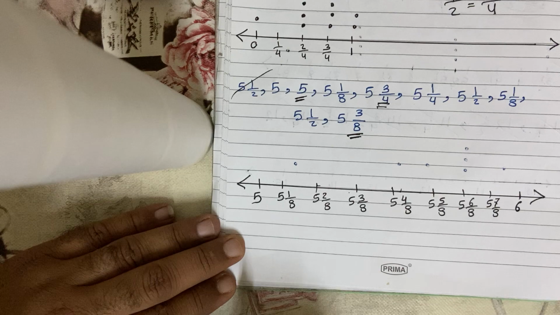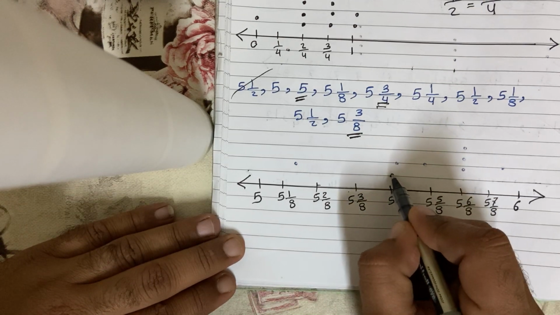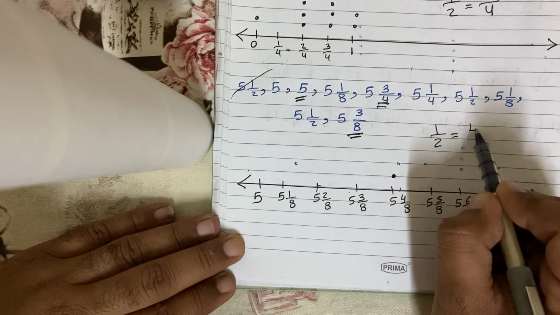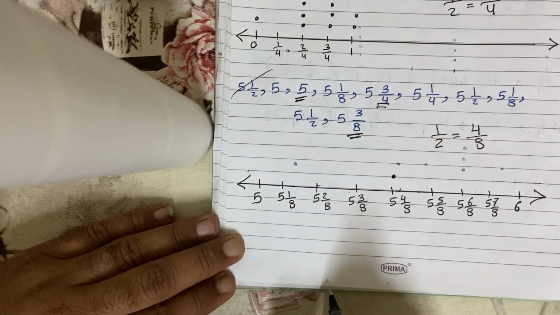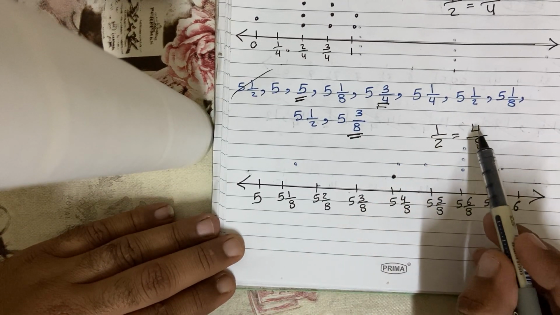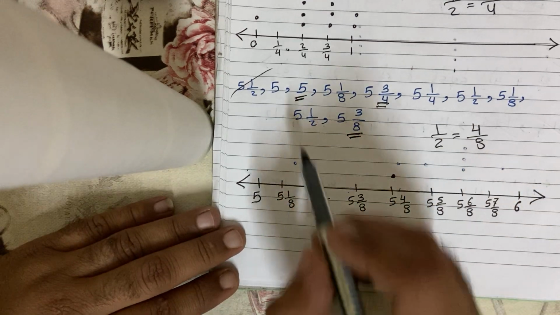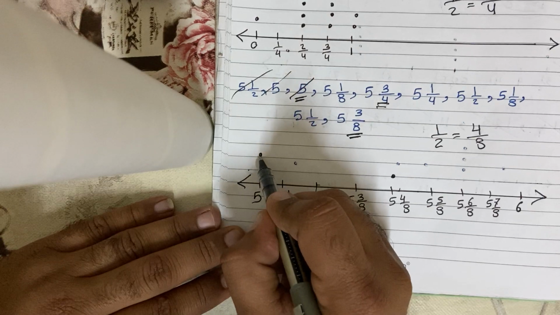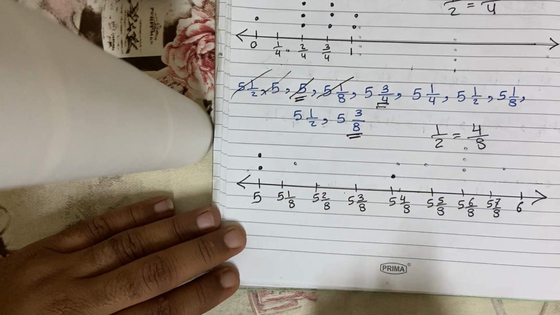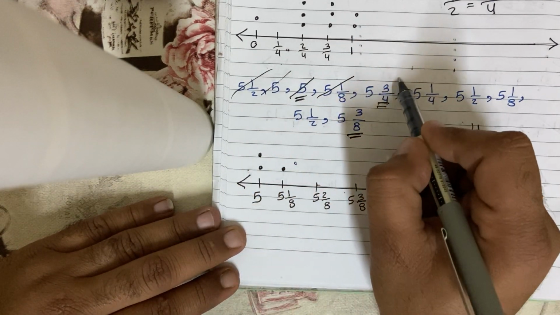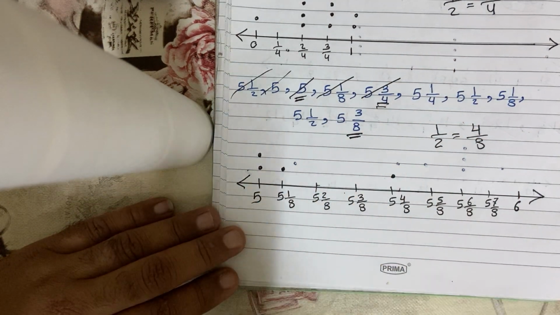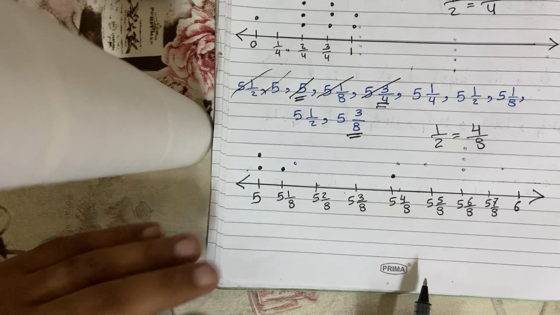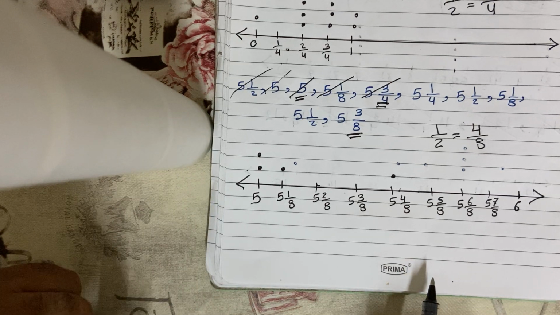5 and half is 5 and 4 over 8, because half equals 4 over 8. If you simplify, 4 over 8 equals half. 5 here. 5 again here. 5 and 1 over 8 here. 5 and 3/4 here. I don't have 3/4, so where is 3/4?